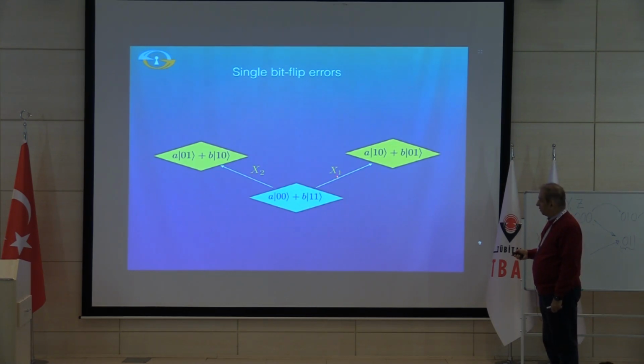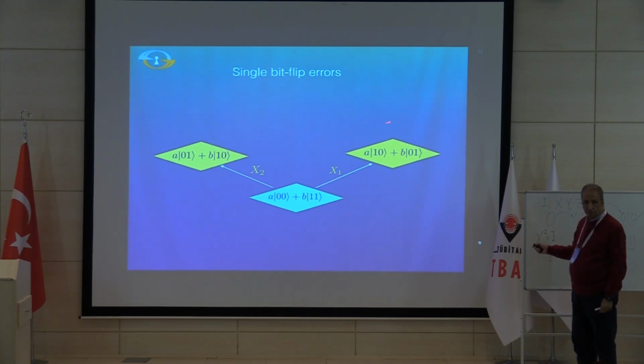If an X1 error happens, it means that the qubit 1 undergoes a bit flip. Bit number 1 flips, and this state becomes A100 plus B011. Do you agree?